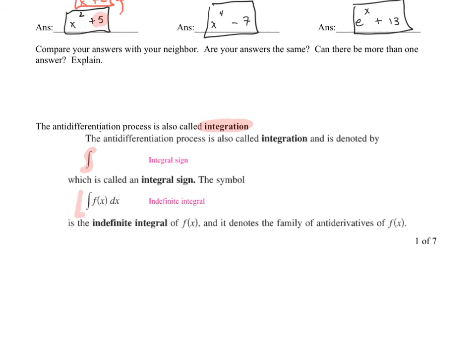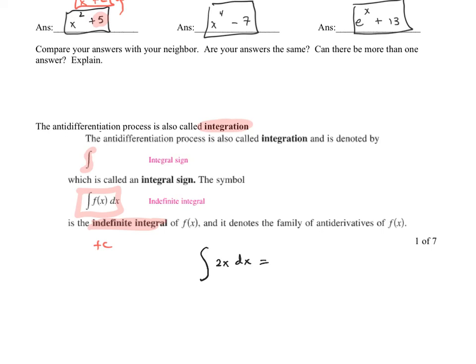So when you look at this part right here, where you see the integral sign f of x dx, that's called the indefinite integral. Anytime you see this, what I want you to remember is that you're going to be putting a plus c in your final answer. So this is find a function where its derivative is f of x. For instance, above, what we determined is the indefinite integral of 2x with respect to x.